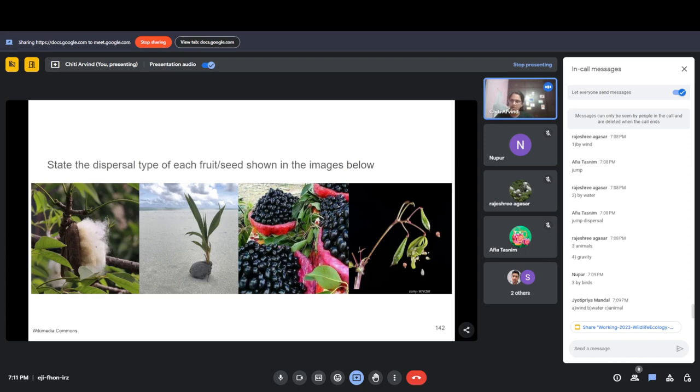Just look at it and what do you think are the properties? Hard outer shell. Okay, it's hard, but what else should it be to be able to disperse by water?